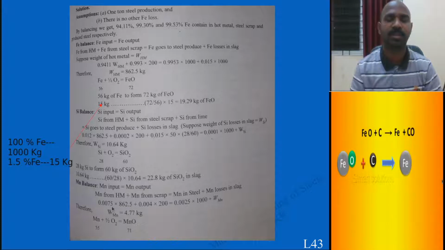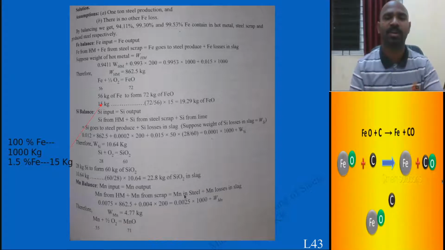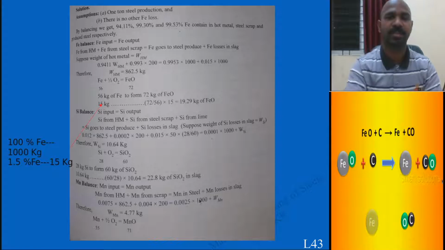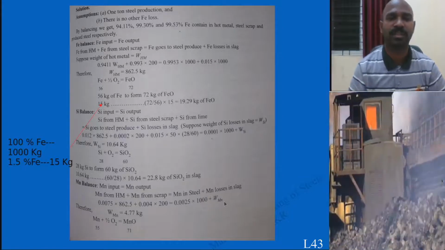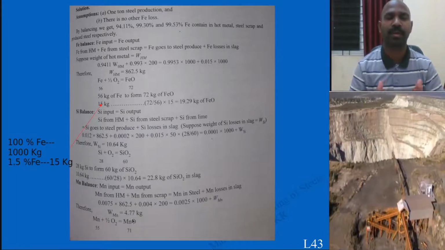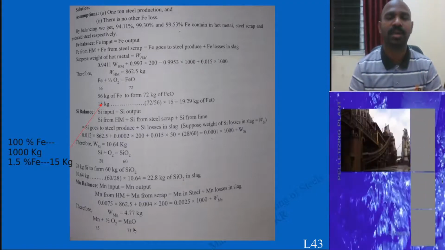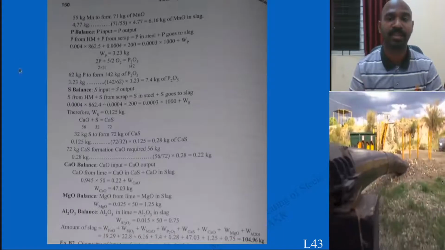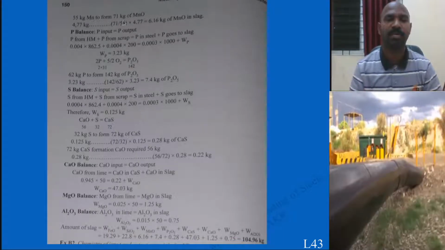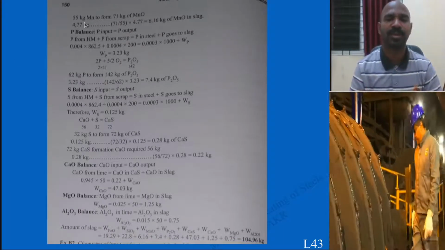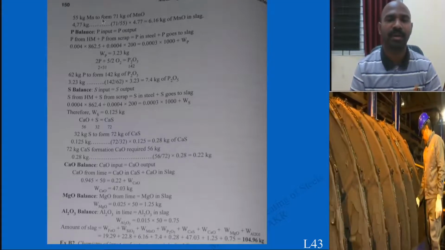Mn fraction form, hot metal weight, Mn fraction in the scrap physical weight, and Mn in the steel produced fractional with respect to the 1 ton, and this is weight of the manganese. You will be getting this value, but you are supposed to calculate MnO slag, and for the MnO slag, 55 kg of Mn is required to form 71 kg of MnO.